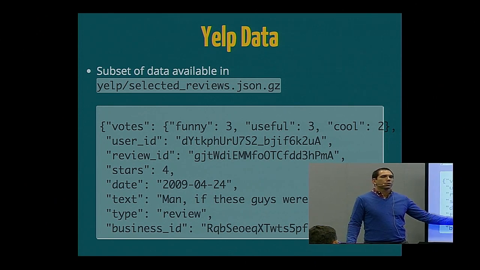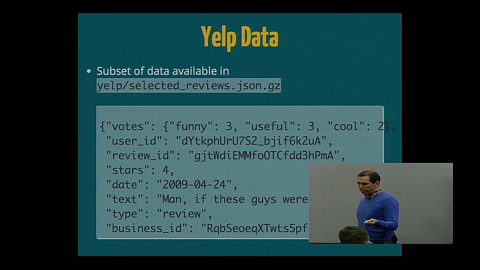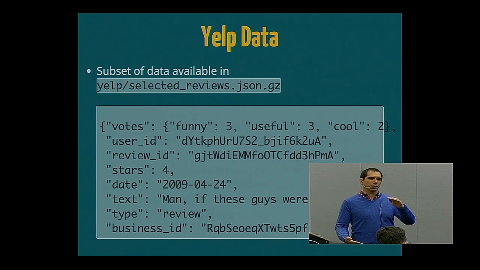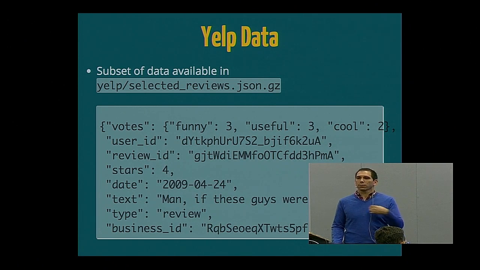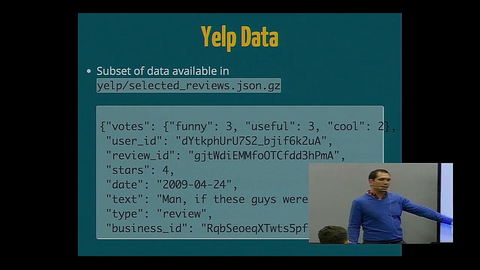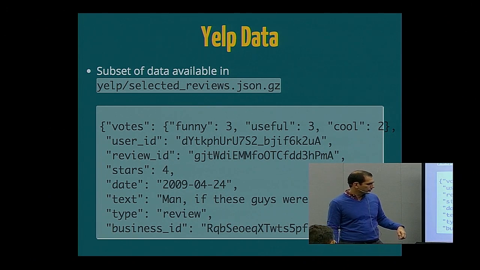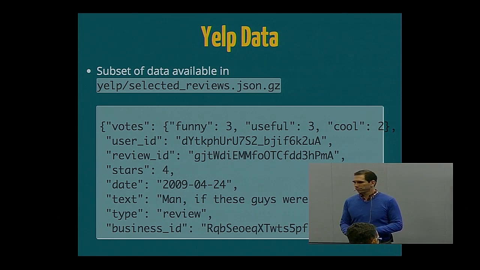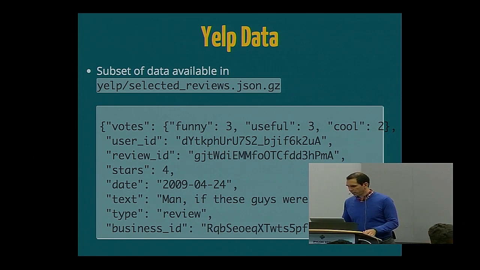In the raw data set, a lot of these different types can be in the same file: a user type, a review type, a business type. For our purposes, these are all going to be reviews, but that's why this type information is here. And then finally, the business ID for that review. So that's the data that we're going to be dealing with.